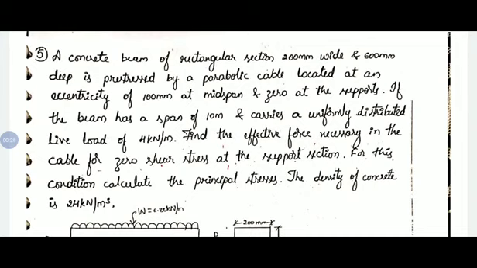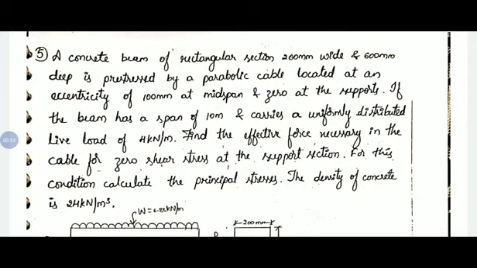If the beam has a span of 10 meter and carries a uniformly distributed live load of 4 kN per meter, find the effective force necessary in the cable for zero shear stress at the support section. For this condition, calculate the principal stresses. The density of concrete is 24 kN per meter cube.